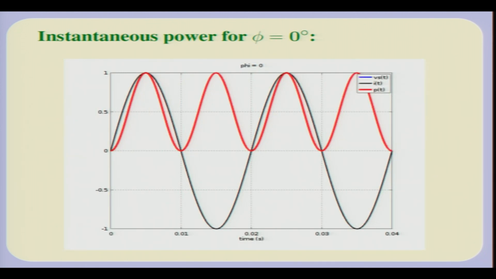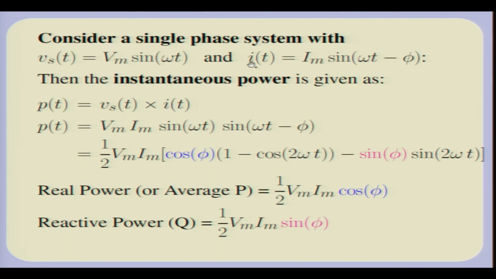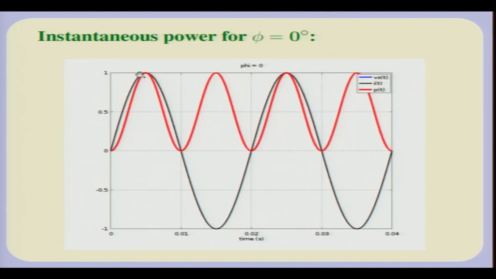If you for example assume that the current is exactly in phase with the voltage, then phi is equal to 0. So, if you go back to the earlier expression, your current will be in phase with the voltage, and if that is so, the instantaneous power, which is shown in red here, is always positive, because phi is equal to 0 and the sin phi component of it is 0.